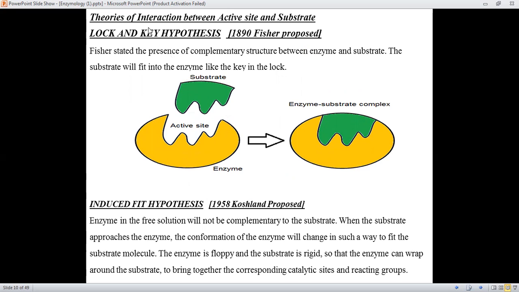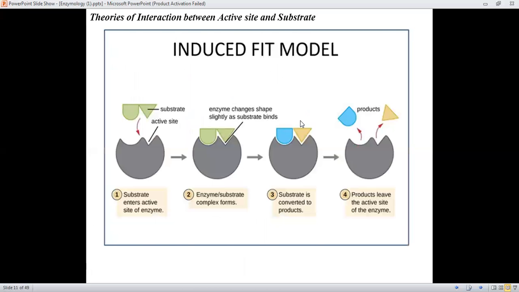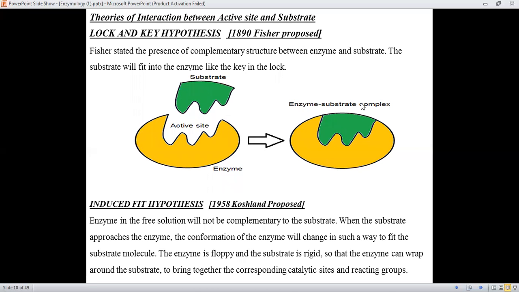There are two major theories for interaction between the active site of the enzyme as well as the substrate. The first hypothesis is the lock and key hypothesis. This lock and key hypothesis was stated by Fischer in around 1890, and he stated that the enzyme and the substrate structure will be exactly complementary to each other so that the substrate can fit effectively into the enzyme.